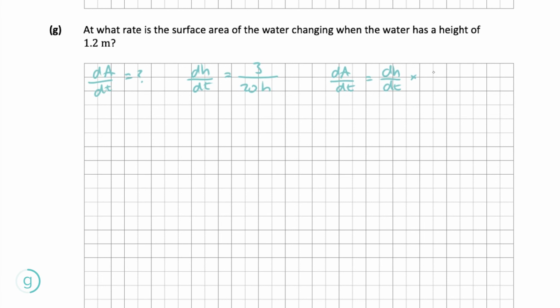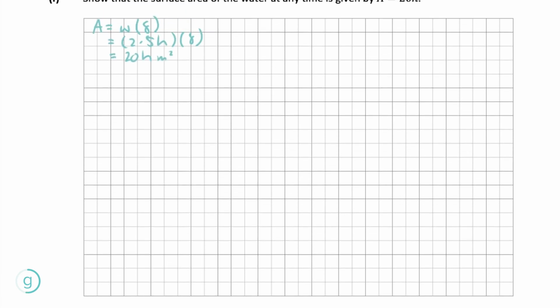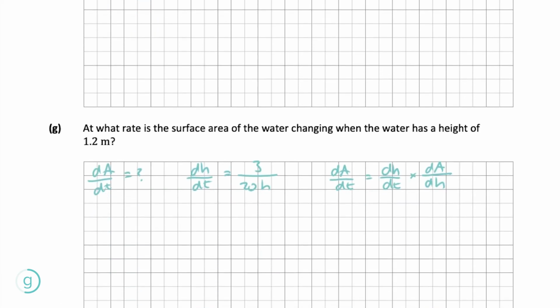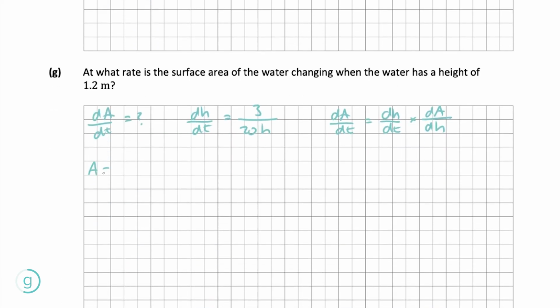Therefore, to make things cancel, the dH is going to have to be at the bottom, and we need a dA on top. We had just found that A was equal to 20h. If you differentiate that, that would be dA/dH, which would be equal to simply 20.